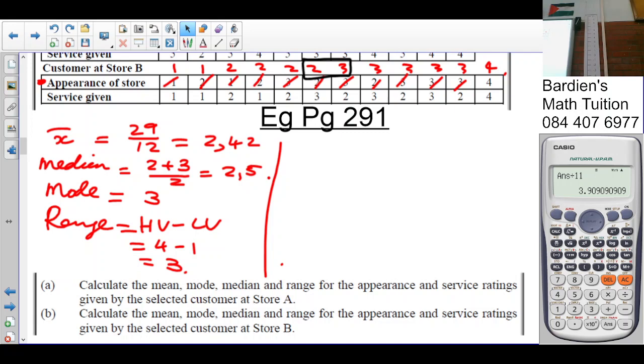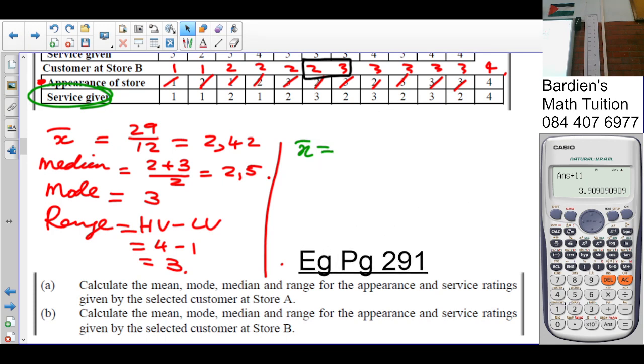Are you guys done with service given? Yes? Right. So the mean for the service given. Let's put this in order quickly. What did you guys get? 3 ones, 5 twos, 3 threes, and 4 fours? No?